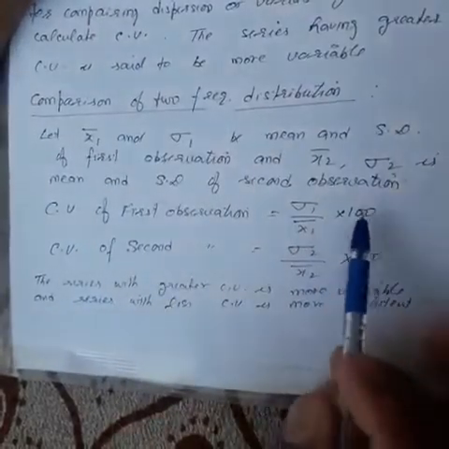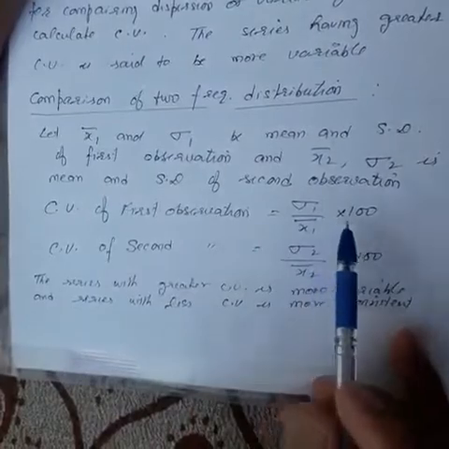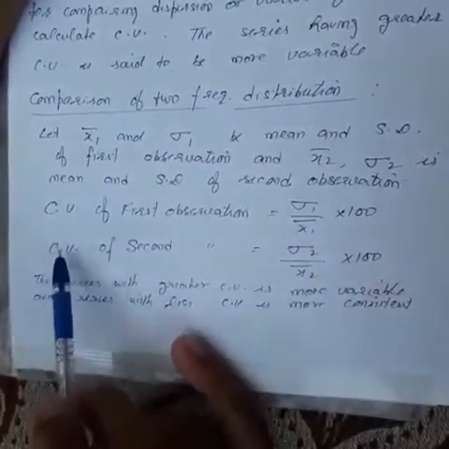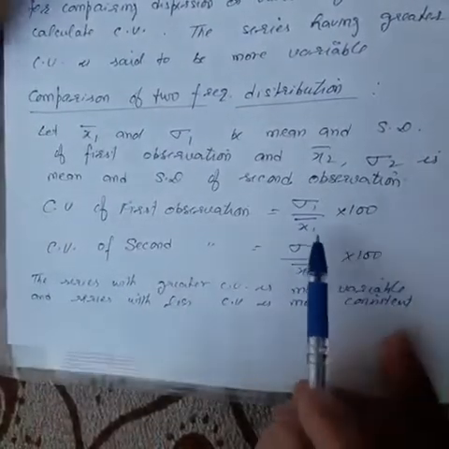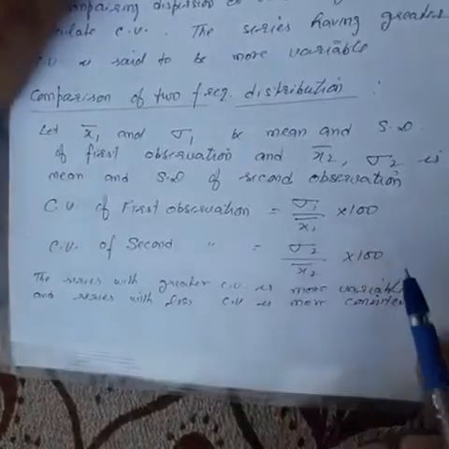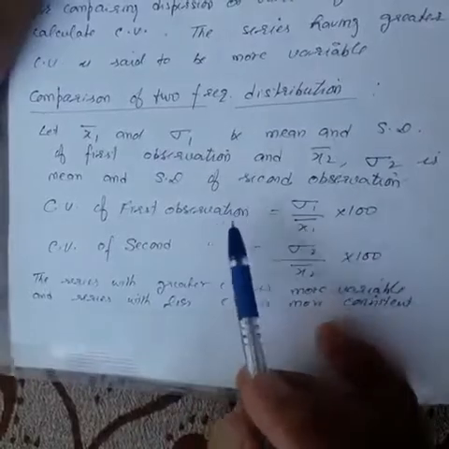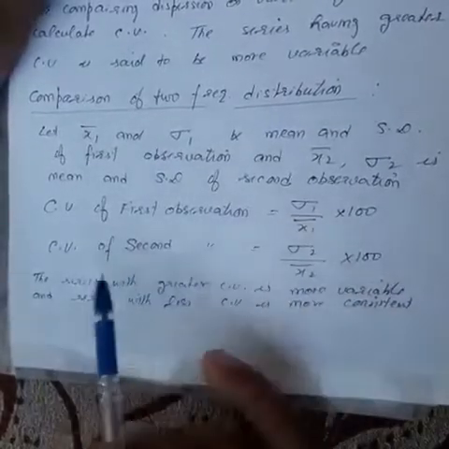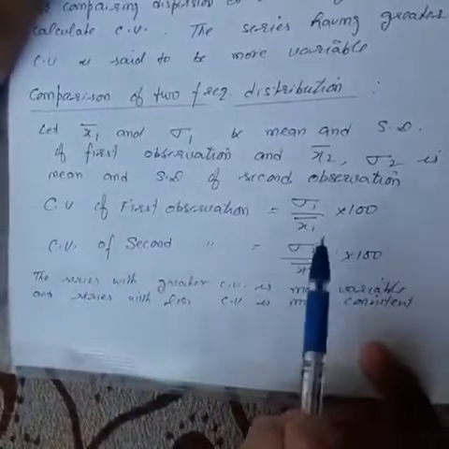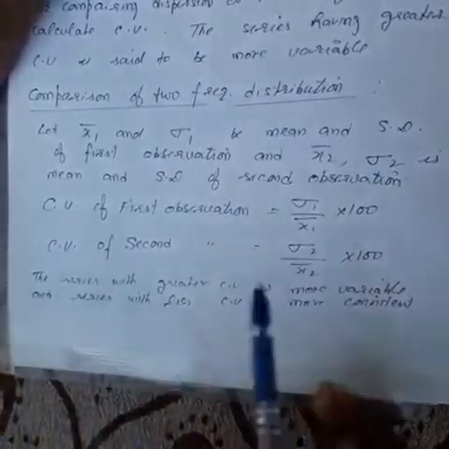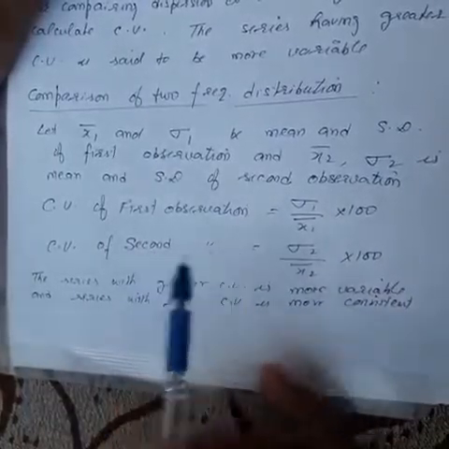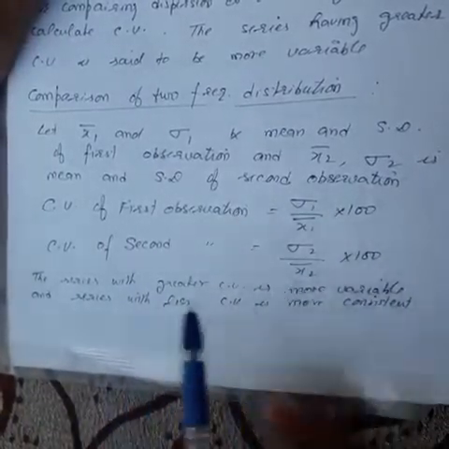After calculation, we observe which coefficient of variance is greater. If the coefficient of variance is greater for the first observation, for example, then the first observation is more variable, and the second observation is more consistent.